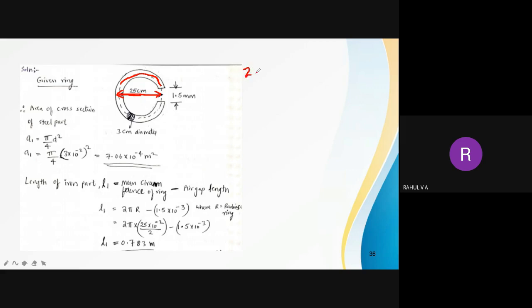That means if you want to find out the mean length, then you have to find out 2 pi r, or pi into d.